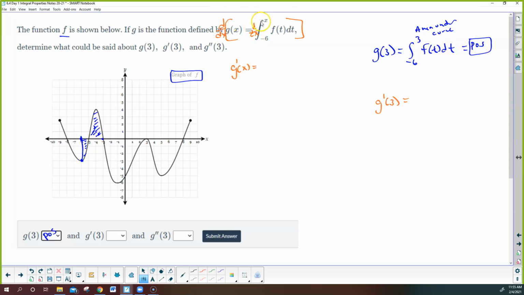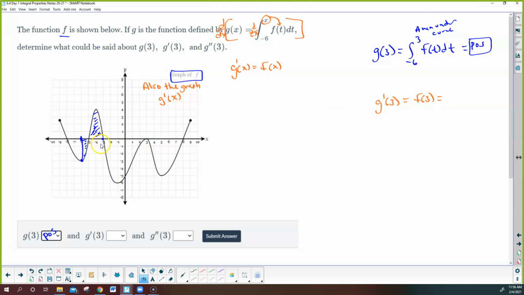If I take the derivative of the integral, they reduce out, and I just plug the x in here. So that tells me that this graph of f is also the graph of G prime, which means G prime at 3 is really equal to f of 3.